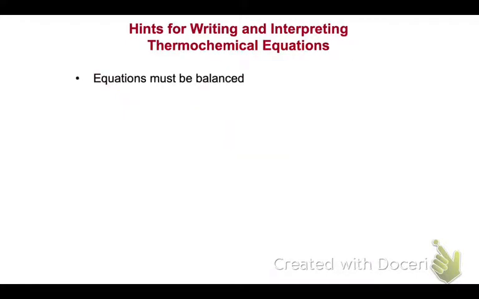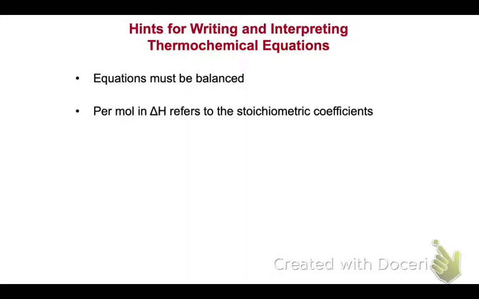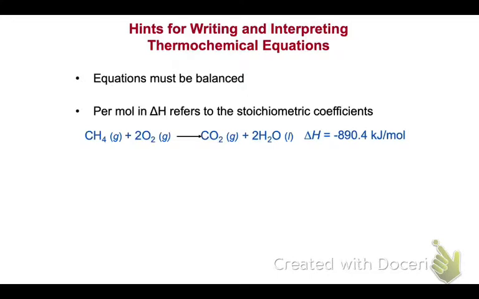Now, if I want to write delta H for any reaction and interpret that to give me more information, first thing first, you need your equation to be balanced. Per mole in delta H refers to the stoichiometric coefficients, meaning, let's put this example again.